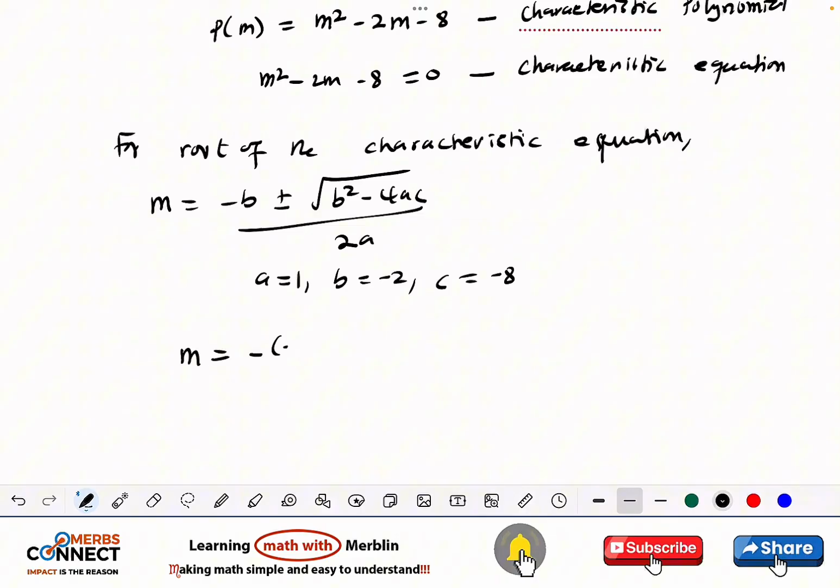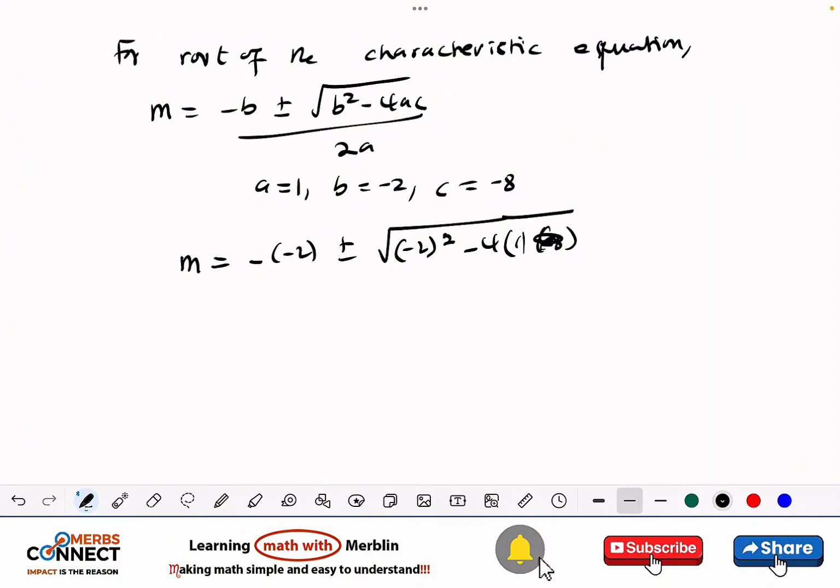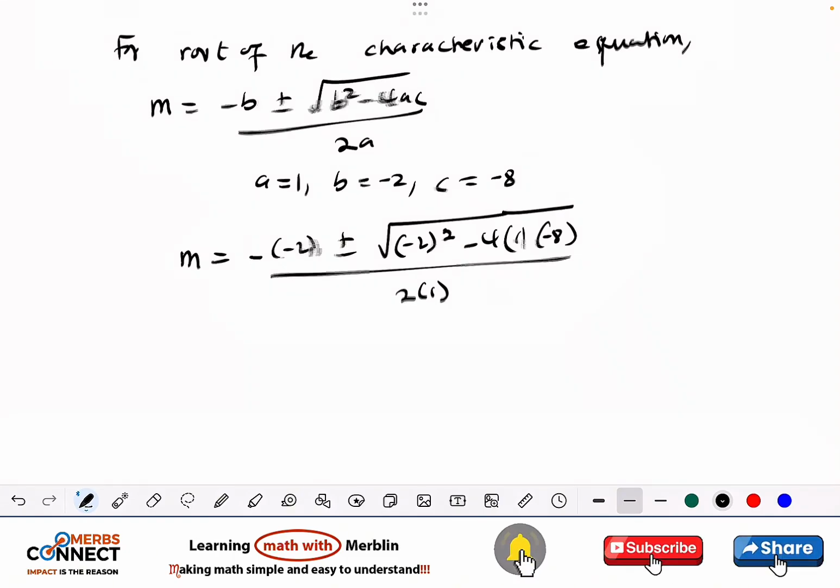This is going to be minus minus 2, plus or minus the square root of minus 2 squared minus 4 times a, which is 1, times c, which is minus 8, divided by 2 times a.